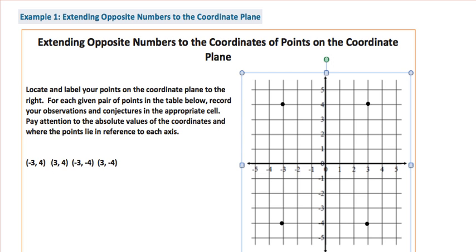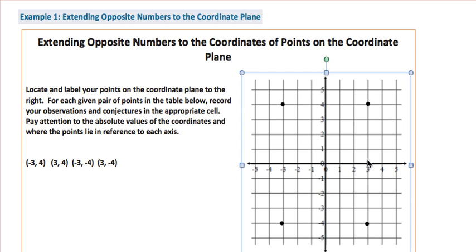I admit when we started there was an error. I corrected the error. And so our first point would have been -3, 4. That was my correction. The second point we graphed was 3, 4. Then we graphed -3, -4.